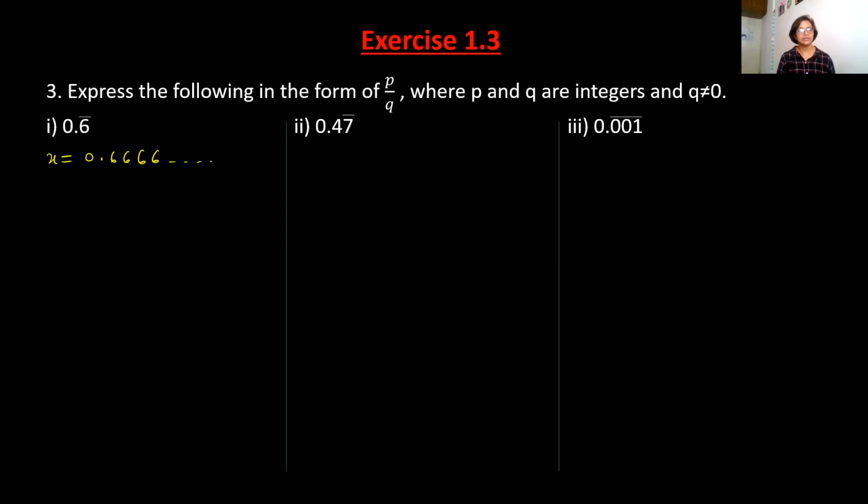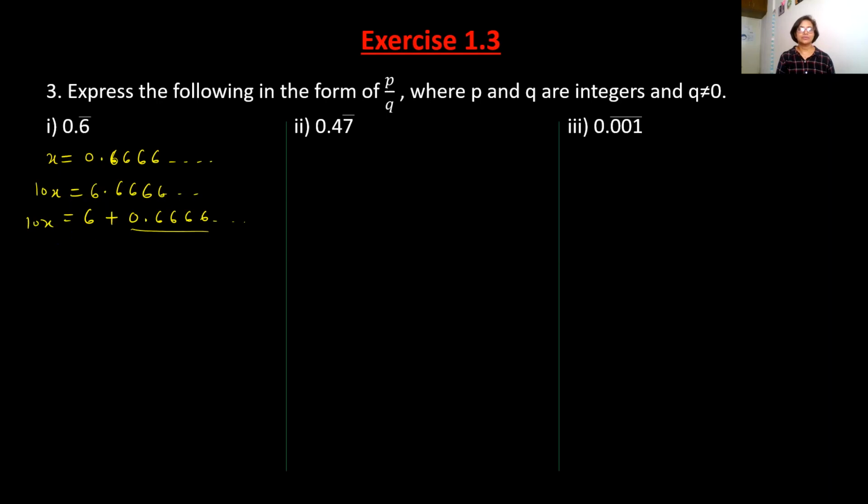So how many numbers are repeating after the decimal? 1 number. So we will multiply by 10 on both sides. 10x equals, if you are multiplying here by 10, what will you get? 6.666 and so on, isn't it? Now you can write this as 6 plus 0.6666 and so on, which is 10x.